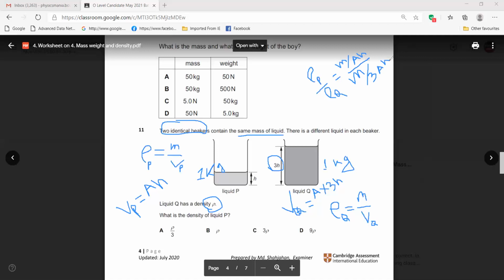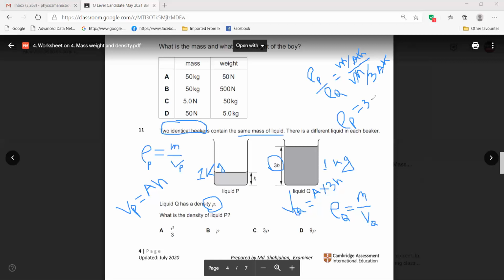Now from all these equations, this m cancels, this AH cancels, right? And we are going to find rho P. We have rho Q, and 1 by 3, and these three will come up, it's reverse, right?